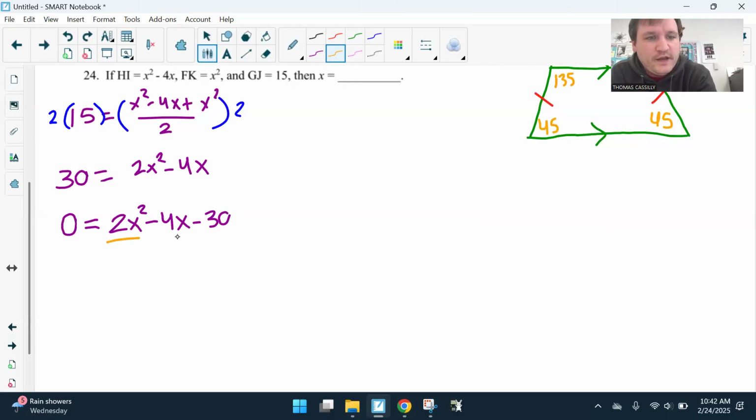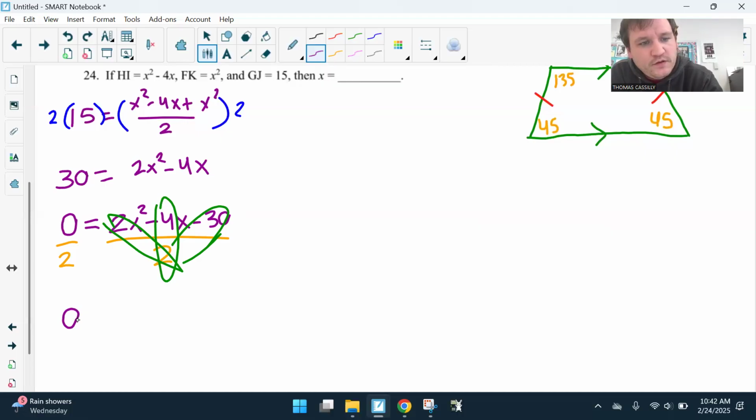I'm going to divide both sides by 2, and I'm allowed to do that because all of these numbers are divisible by 2. They're all even numbers here. So I can get rid of that leading coefficient if I want to. So I get x squared minus 2x minus 15. And that's going to be much easier for me to factor here.